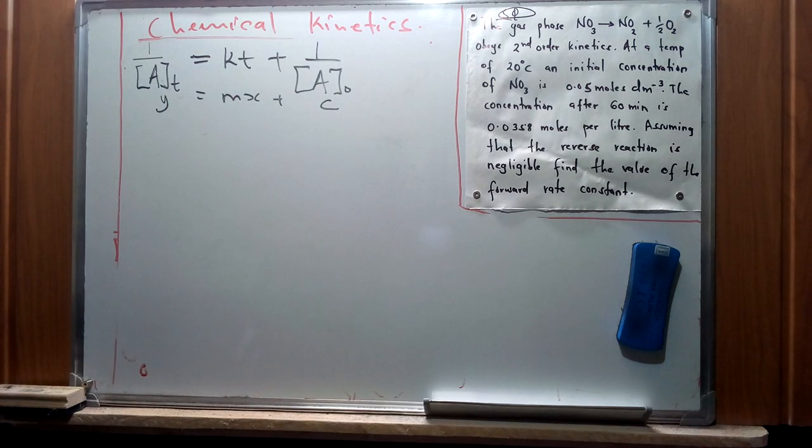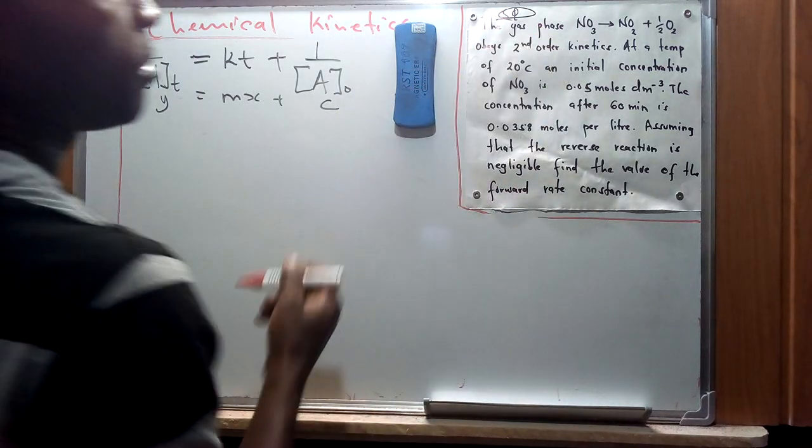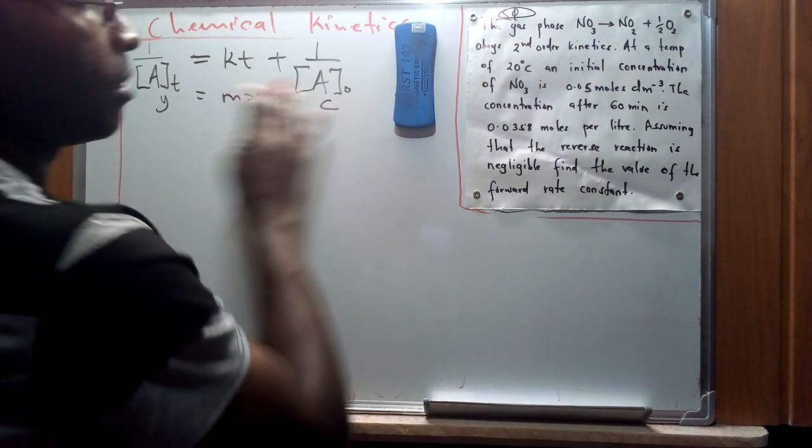So therefore, let's extract the information from this so that we can use it in our calculation. The gas phase nitrogen obeys second order kinetics. So this is the equation we're going to use.